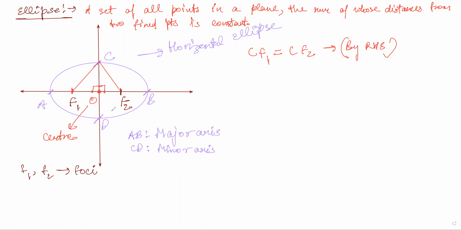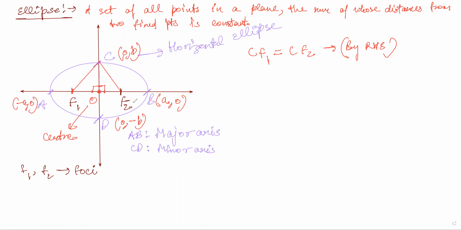So your major axis is always represented as this AB. I mean, not AB, but your coordinates of the major axis would be represented as, so this would be some x coordinate. Let's say this is some a comma 0. Hence, this should be minus a comma 0. And let's say this C is 0 comma b. In that case, D has to be 0 comma minus b.